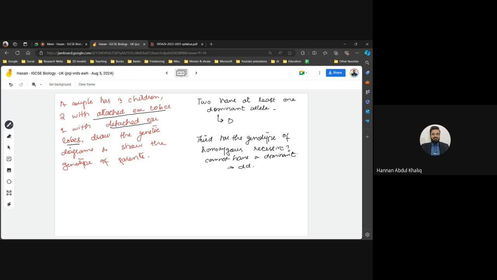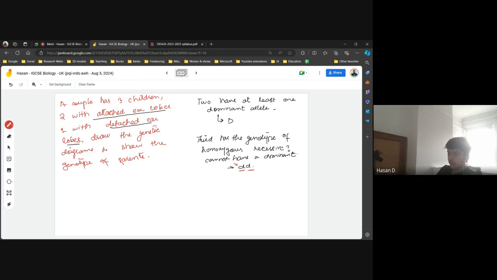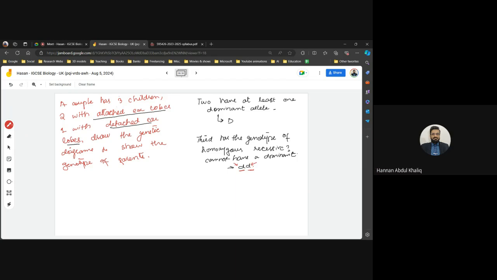Now, all right. Be very careful what I'm trying to say. See, if this child is having two small d's, one small d this child got from one parent, isn't it? And one small allele, one lowercase allele, or one recessive allele, he got from another parent.